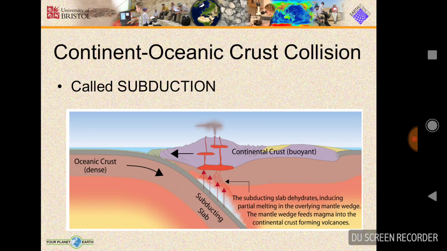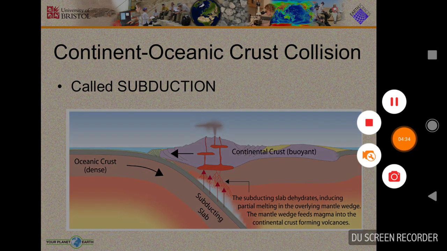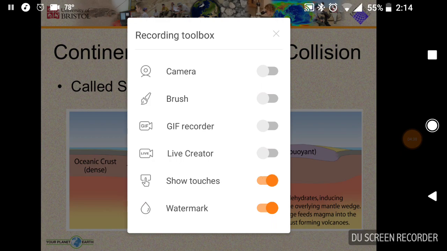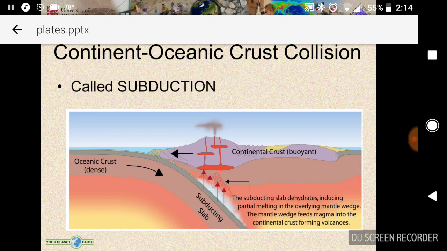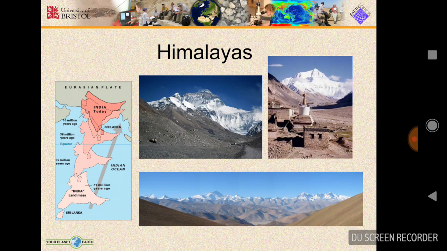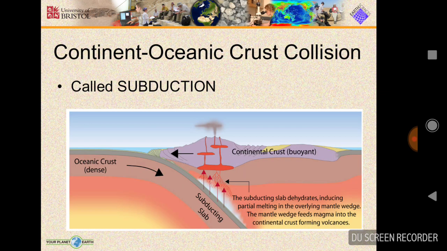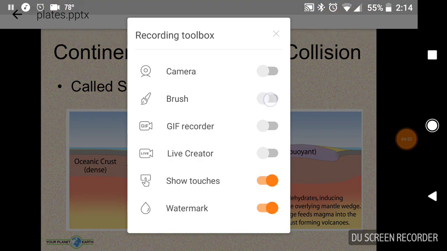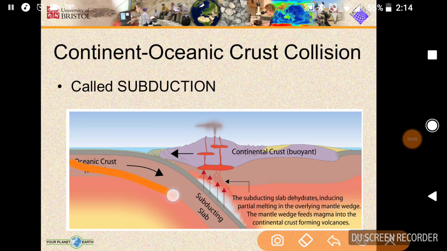So you have, let's see here. Show touches. Alright, so here it's sliding down. Here, let's get the paintbrush. That'd probably be better. So you have oceanic crust subducting below the continental crust.